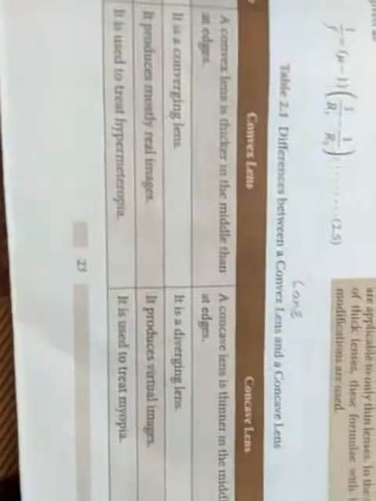So next you see the differentiation of convex lens and concave lens. The convex lens is thicker in the middle than at the edge. It is a convergent lens. Concave lens is thinner in the middle than at the edge. It is a divergent lens.